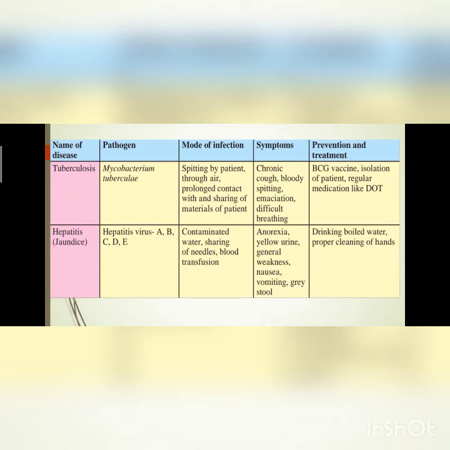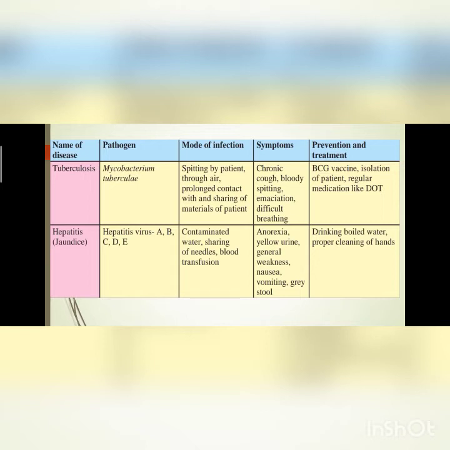Now, here we have a table. Name of disease, pathogen means virus or bacteria that causes disease, mode of infection, symptoms, prevention and treatment. First, tuberculosis. Pathogen, Mycobacterium tuberculosis. Mode of infection, spitting by patient through air, prolonged contact with and sharing of material of a patient.